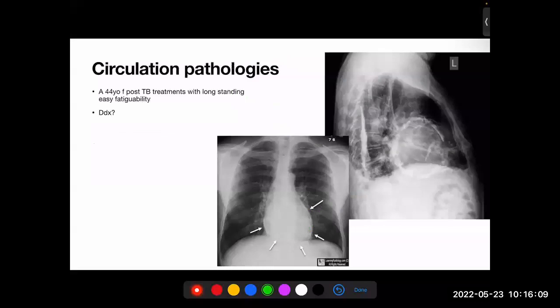Moving on swiftly. A 44-year-old post-TB with a long-standing history of easy fatigability. What is your differential diagnosis? Can we go through again? Or have you already seen the pathology? Let's go through it.